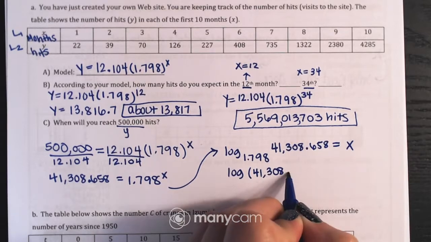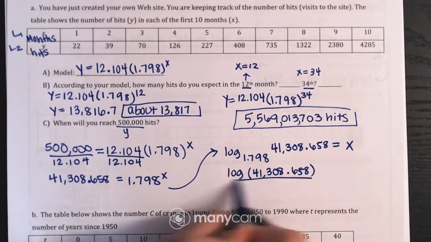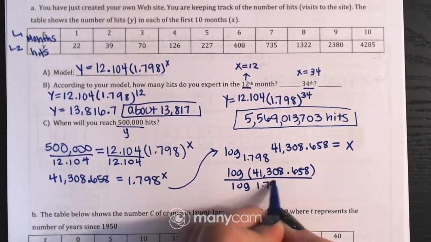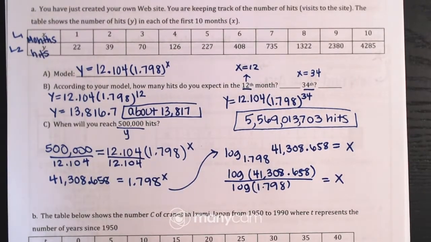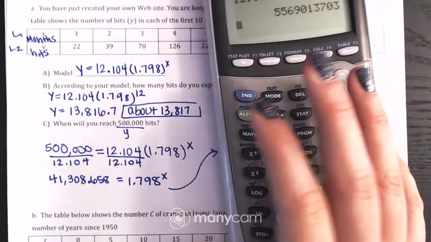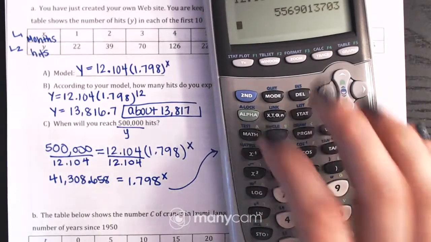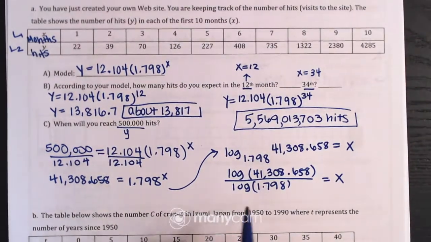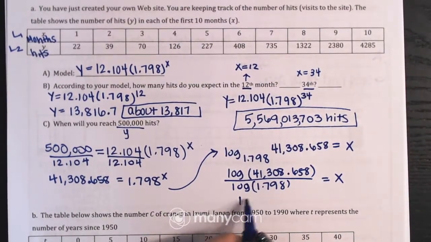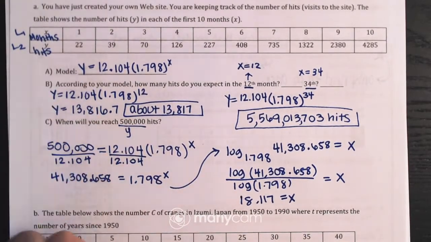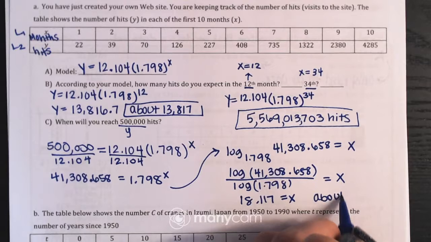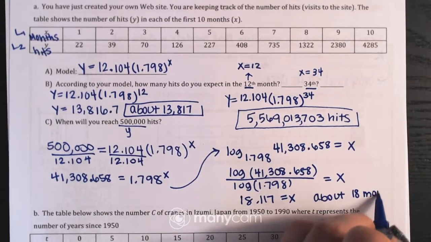Remember, the base goes on the bottom. So you'll type it into your calculator using your log button here. And when you do that, we get 18.117 for x. Remember, x is representing months, so we can say about 18 months.